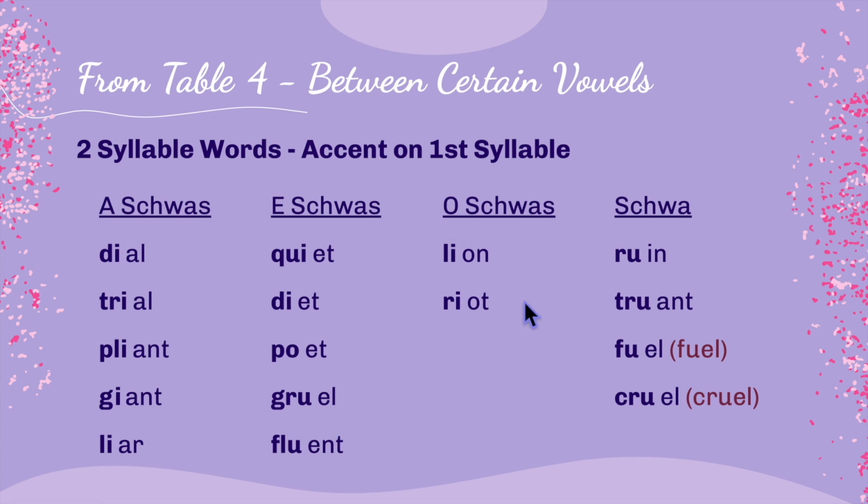In these words, the O will schwa, and the accented syllable will have its long sound. Lion, riot, ruin, truant, fuel, cruel. I would like to point out that in much of the US, these words are pronounced as one syllable. So you will hear both fuel and fuel, cruel and cruel.